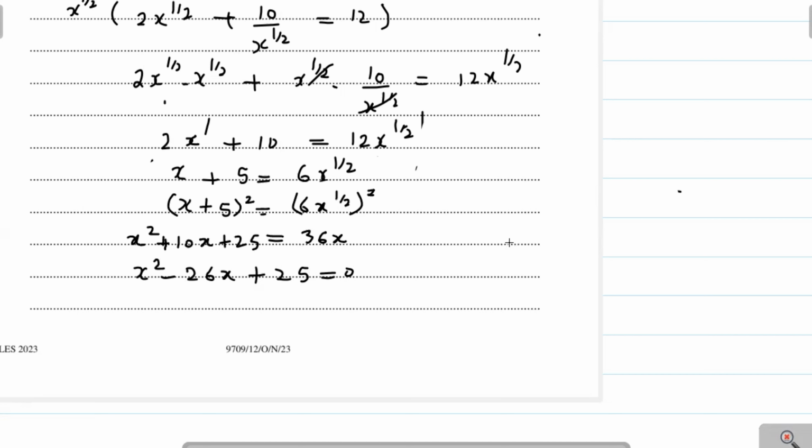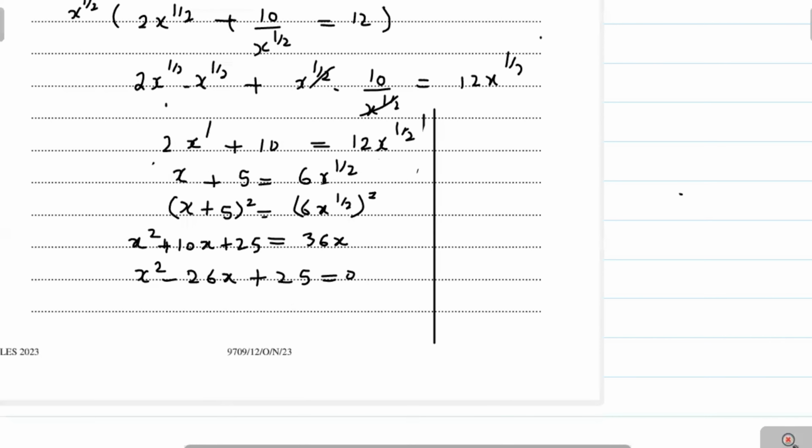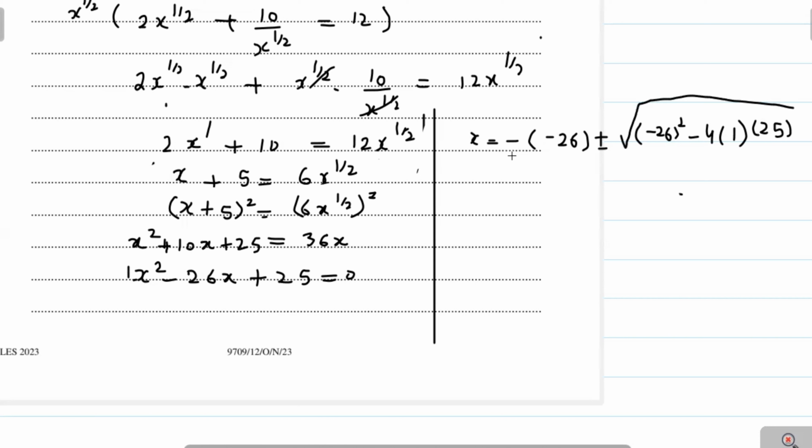You see here the quadratic formula is x equal to minus b plus or minus square root of b squared minus 4ac over 2a. Now we write here x equal to minus b, b is minus 26, plus or minus the square root of minus 26 whole square minus 4 times a, where a is 1, the coefficient of x square is 1, c is 25, over 2 times 1.